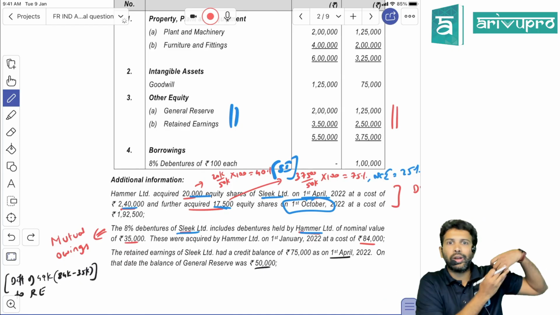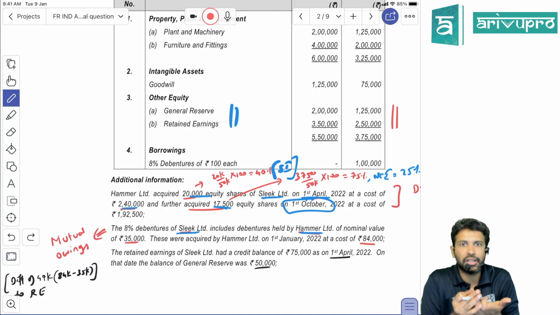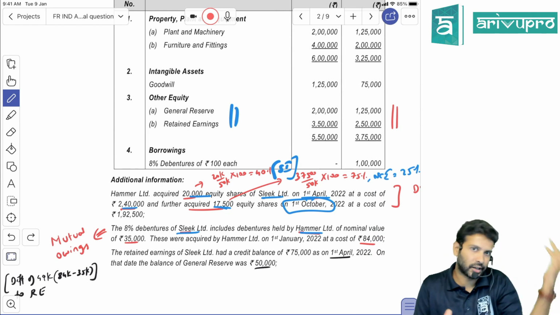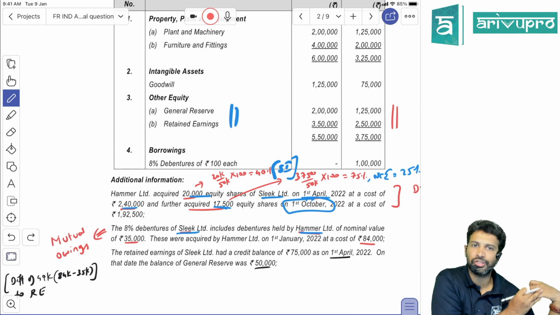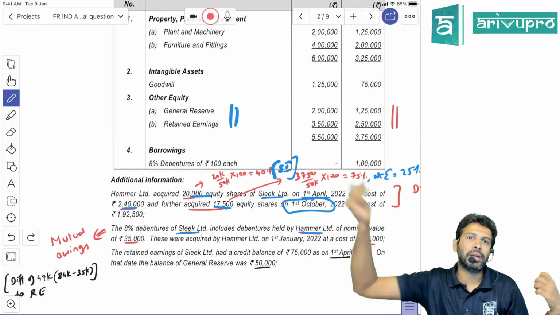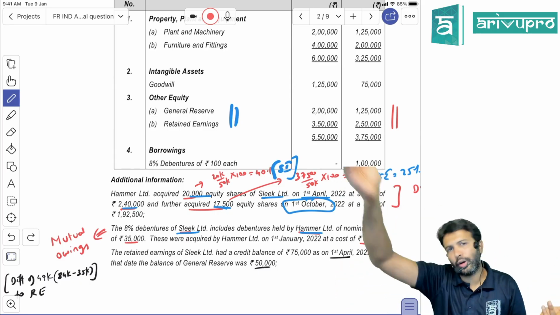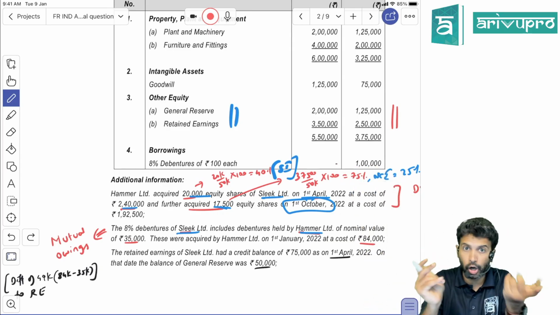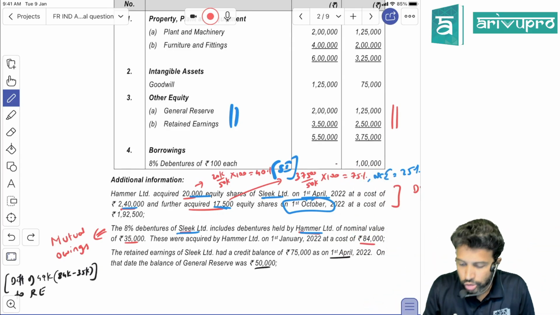Maybe the parent is accounting under the FVOCI method because their business model is satisfied both by holding and selling. The subsidiary company's intention may be different, and they might follow the amortised cost method for their debentures. So the values may not match.